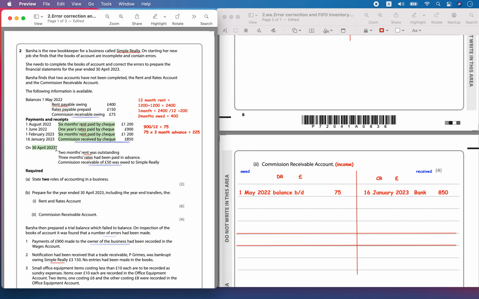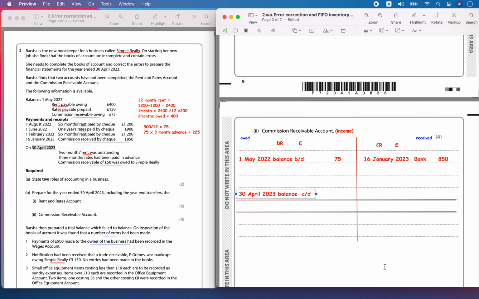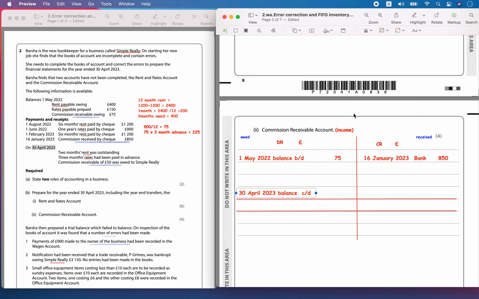So on 30th April, the balance carried down would become, we have to find out, and then we also have to transfer the remaining balance to the income statement.